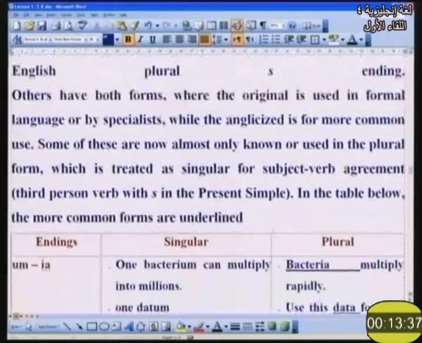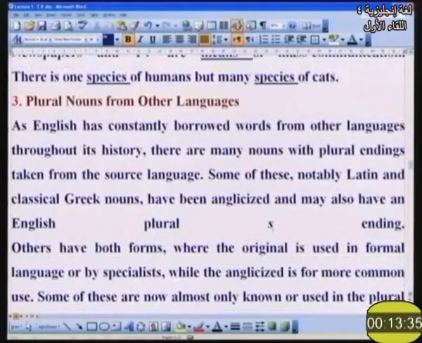The last point that we have is plural nouns from other languages. As you know, English has borrowed words from other languages, like French, like Greek, like Latin. And what happened is that when English borrowed nouns, it borrowed the plural as it is in the language of the word.